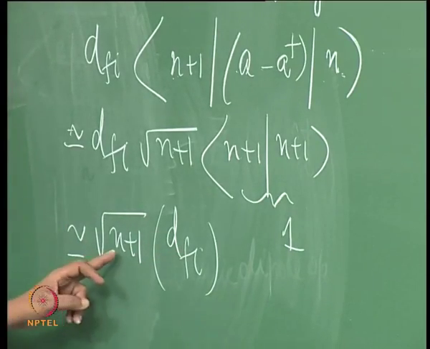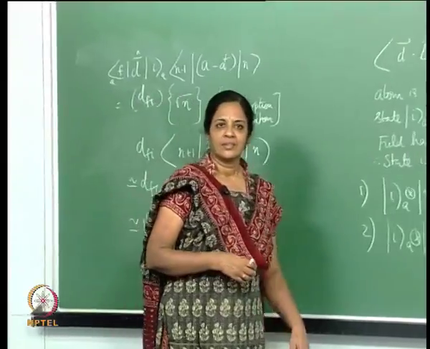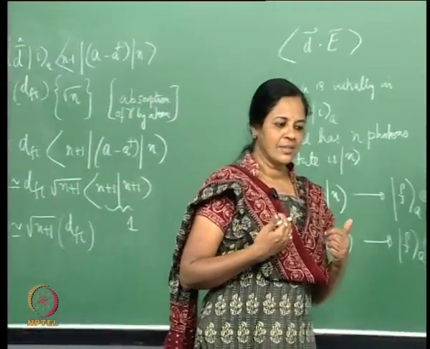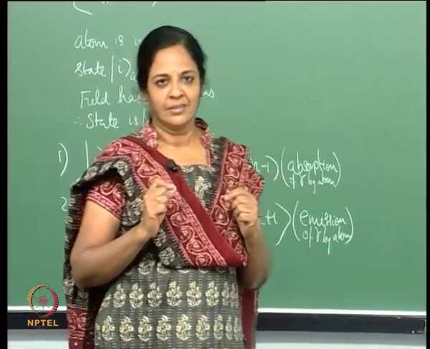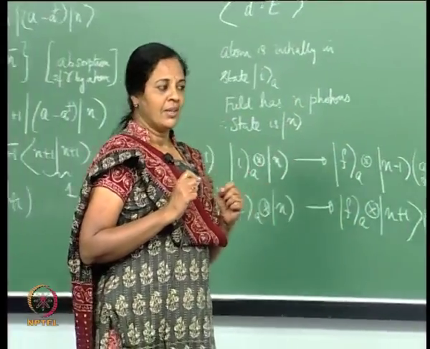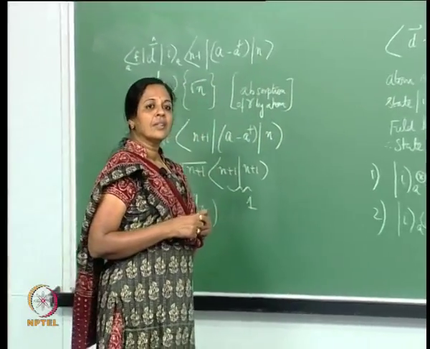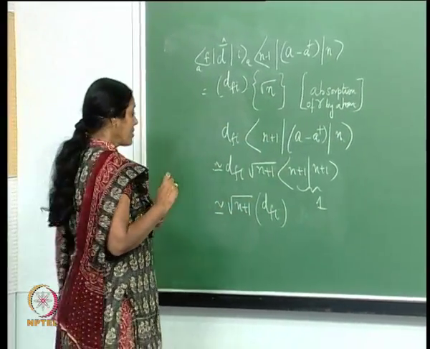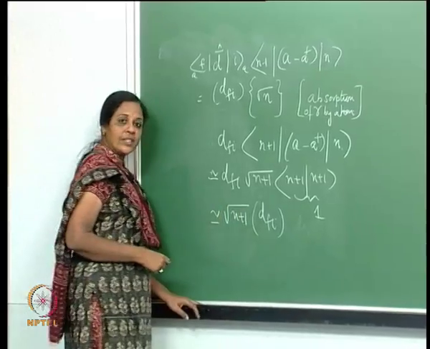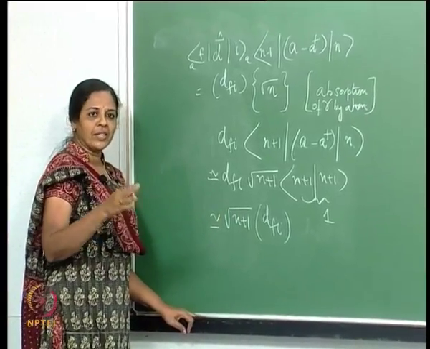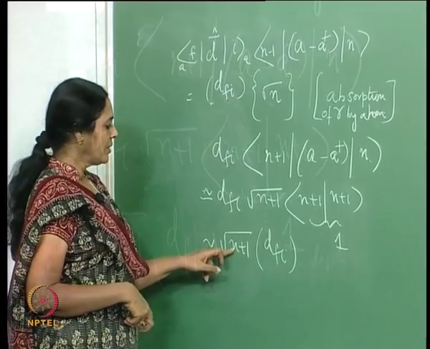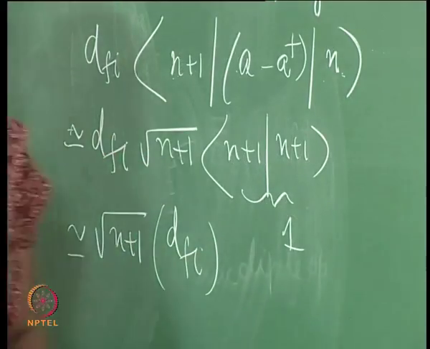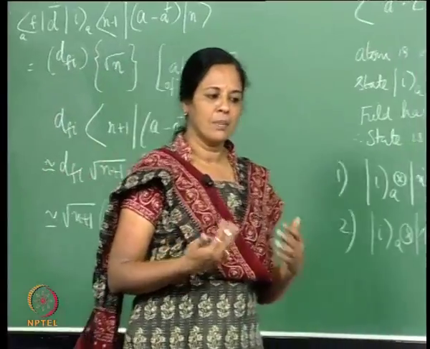Now this is a very important point. It tells us that even if you switch off the perturbation, even if there are no photons supplied by the radiation field, you switched off the radiation field, that means you set n equals 0, you still have emission of photons by the atom.